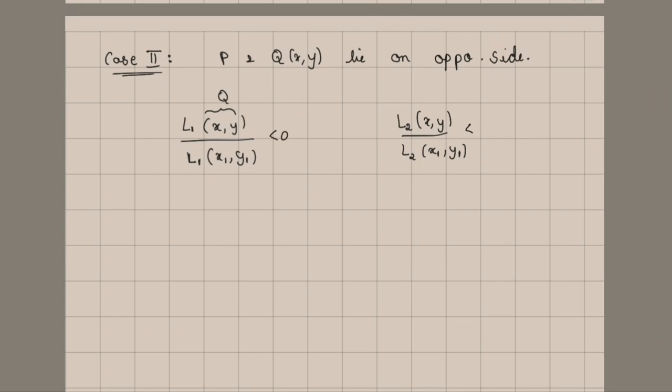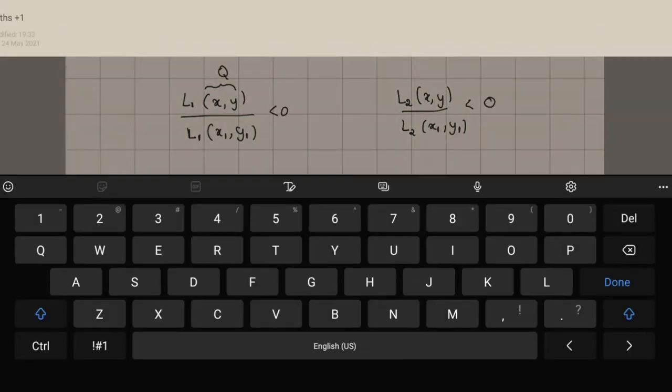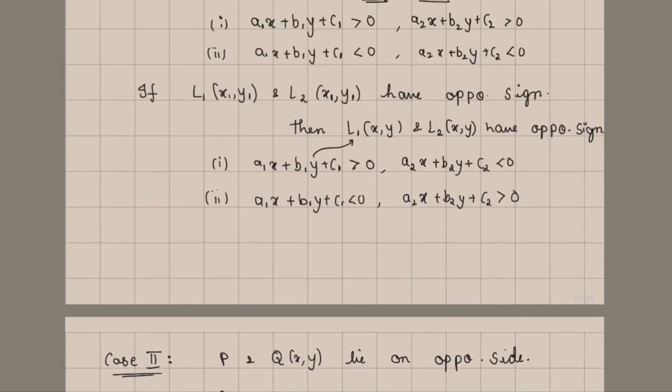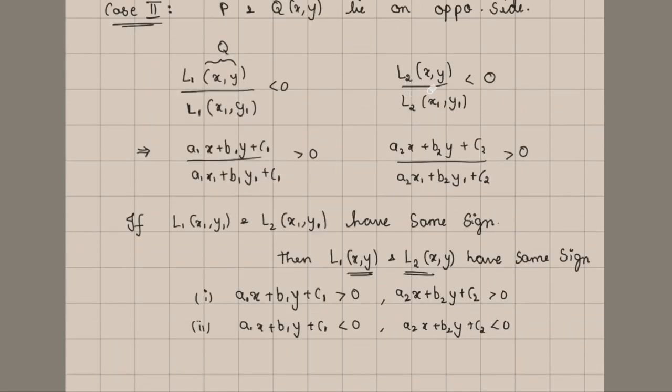In the previous case, these both should be greater than 0. Here, these both will be less than 0. As these both are less than 0, similarly, these both will be less than 0. In the previous case, these both are greater than 0.